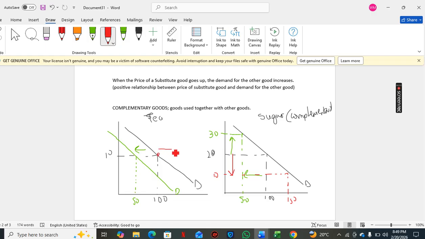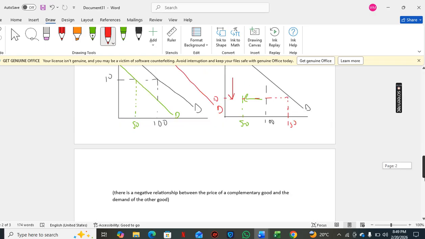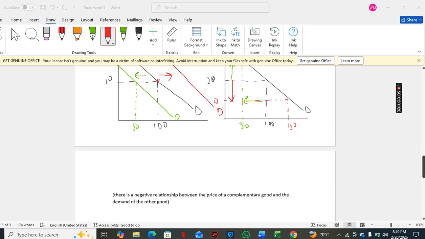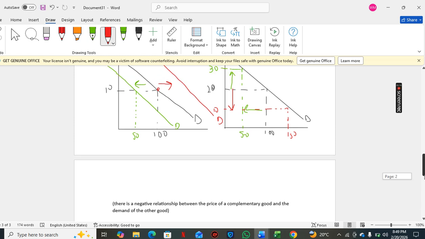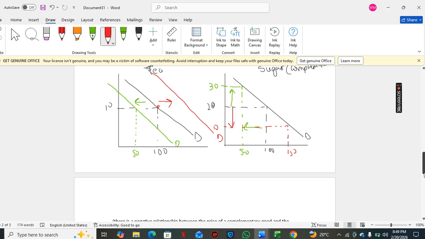The demand for tea is going to increase. So for complementary goods, there is a negative relationship between the price of the complementary good and the demand for the other good.